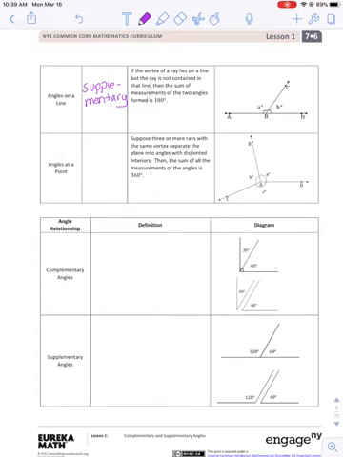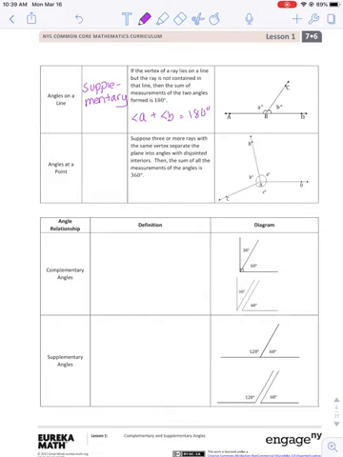A supplement would be like something extra that's added in to enhance it. So supplementary angles enhance each other. And we know that they add up to 180. So whatever angle A is in this picture, plus whatever angle B is in this picture, add up to 180 degrees.